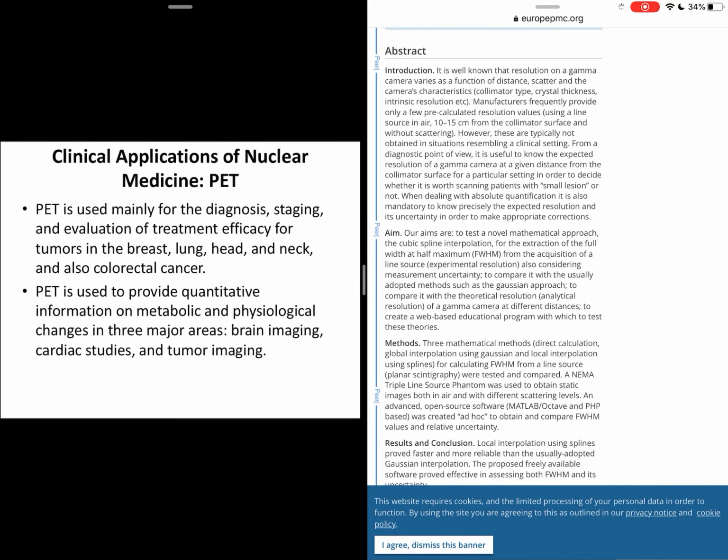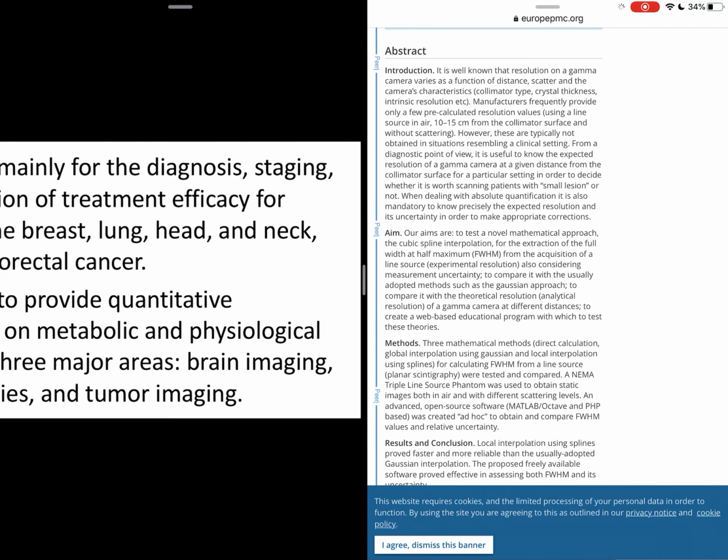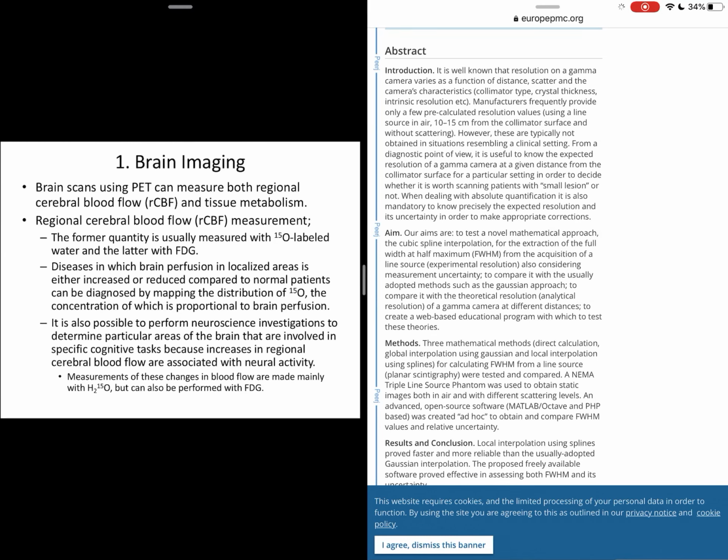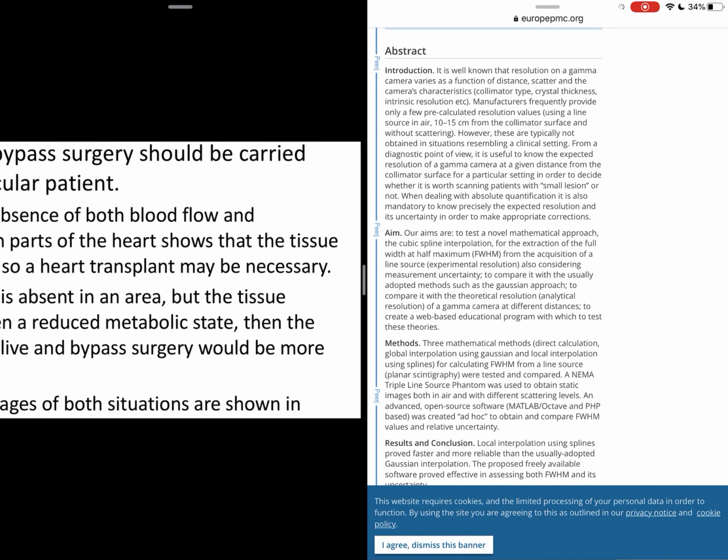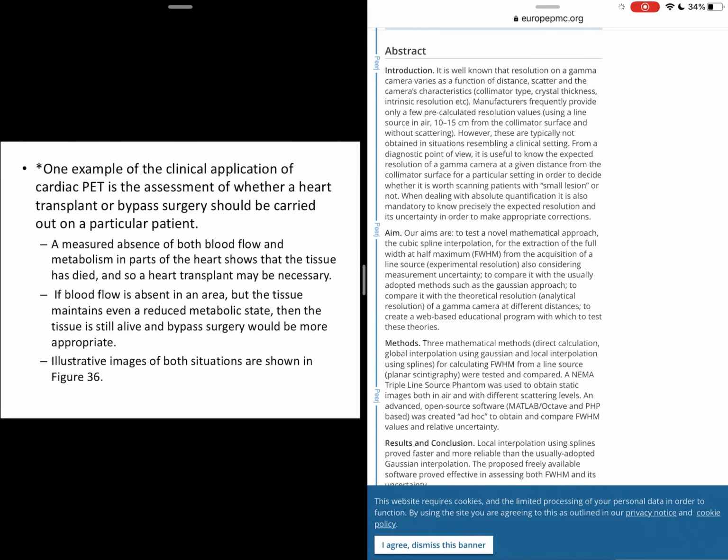You may not need to do tutorial exercises for it, but I will give you tutorial questions for the clinical applications of nuclear medicine, or SPECT, later on. So I guess that's all.